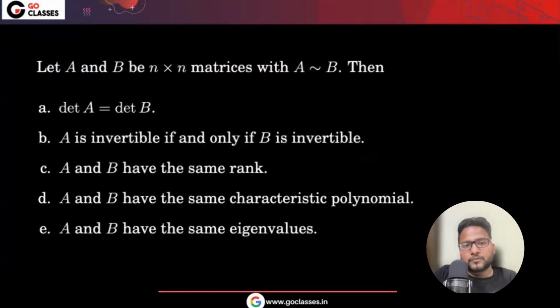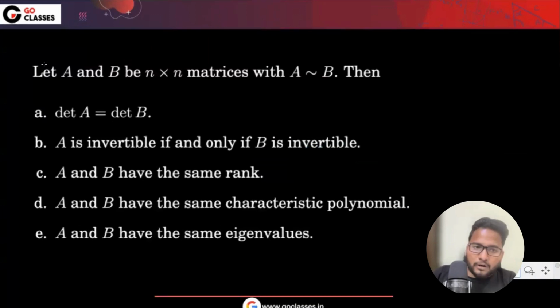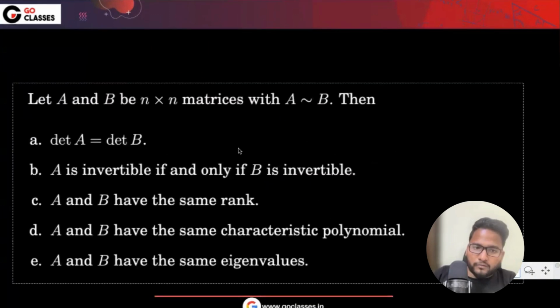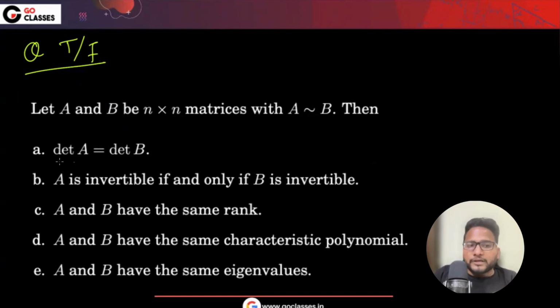Okay. And since the eigenvalues are the same, that is why the determinant is also the same. So let's see this question. Tell me whether this is true. How many of them are true or how many are false? Let's have a question as true false. Is this true? If the eigenvalues are the same, then the determinant is the same. Tell me, is this true or false? Do you remember the relationship between the eigenvalues and the determinant?